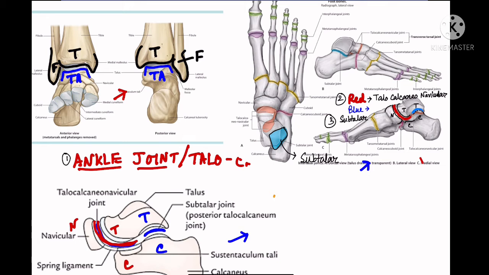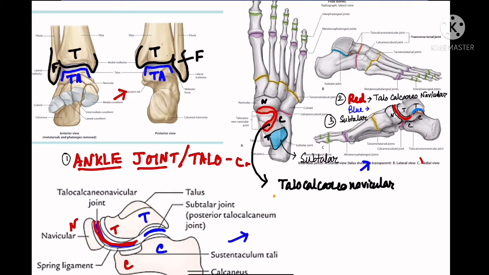Whereas the joint outlined by the red, this joint includes the navicular, includes the talus, includes the calcaneus, and it is the marking of the talocalcaneonavicular joint. So there are three joints which are formed by the talus. Okay.